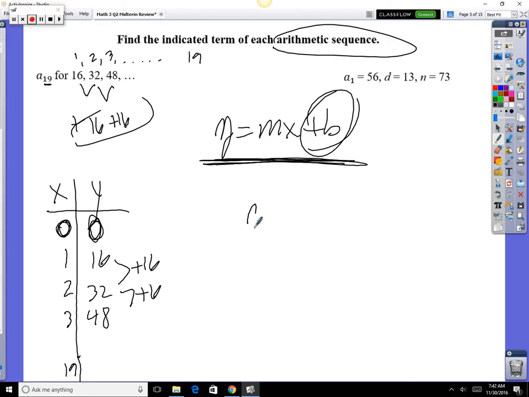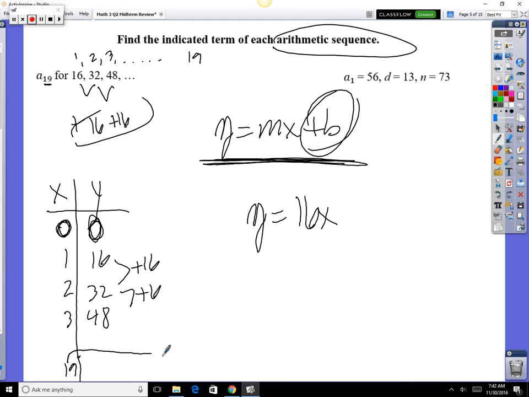So your formula is y equals 16x. We don't really need to write the plus 0. You can if you want, but okay, that's the formula to give you all the x's and y's you want. And you want the 19th x.